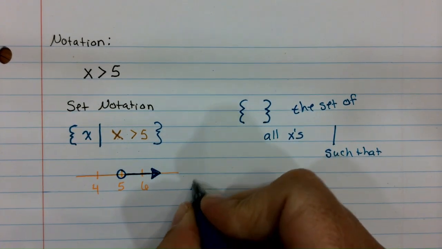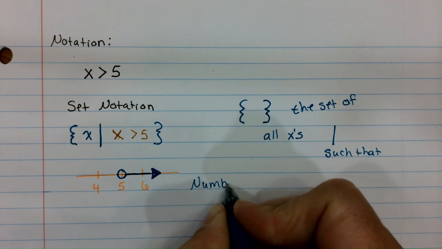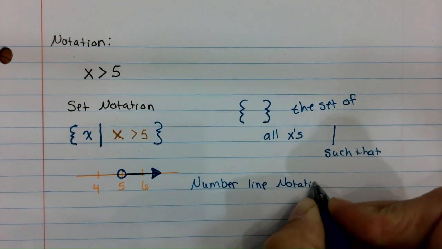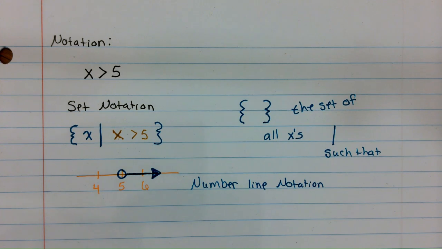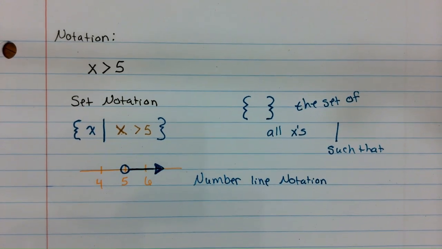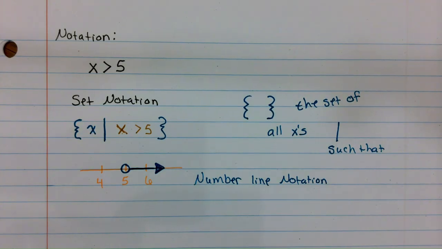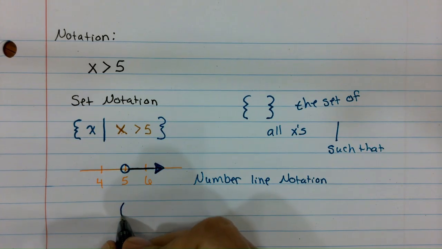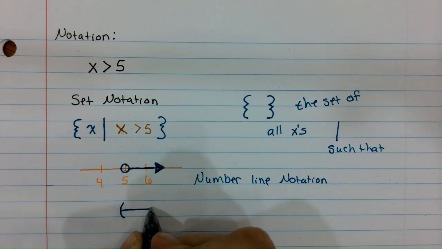This is an example of number line notation, which is easy to see because we use a number line. We're going to elevate our number line slightly. Instead of doing an open circle and an arrow, we're going to use a parenthesis and the arrow.